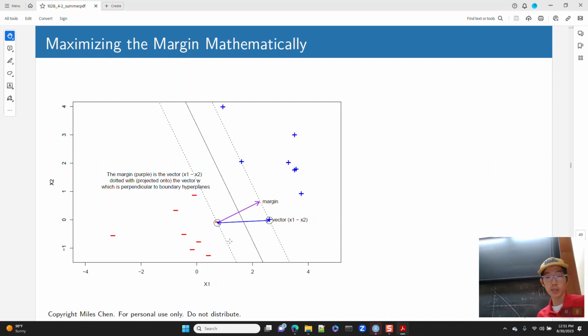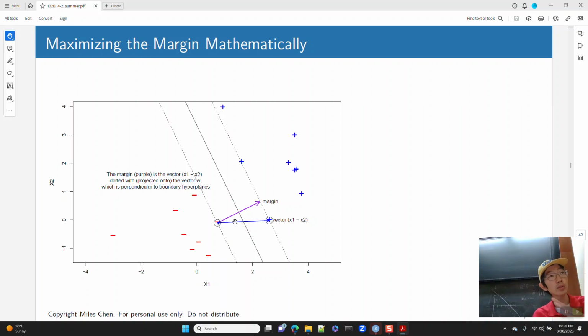And so we're going to find these points here. The purple vector that defines the margin can be found by taking the difference between 2 points that lie on this, x1 and x2. It could be these 2 points, it could also be these 2 points, because what we're going to do is dot that difference vector between x1 and x2 onto w.